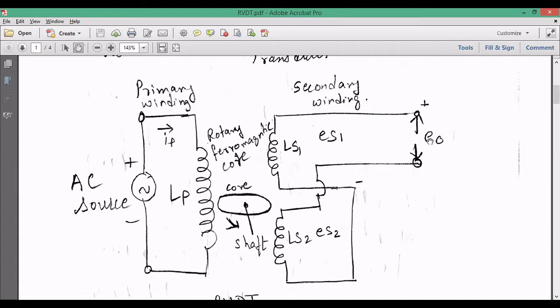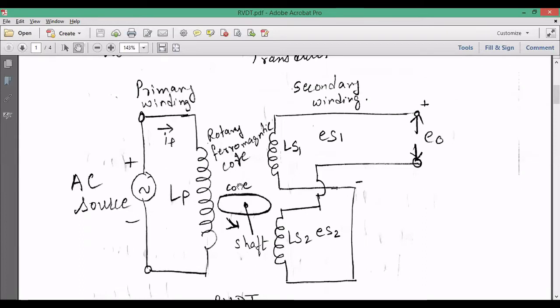This clockwise angular displacement I am able to convert into differential EMF, a differential voltage, which is the definition of the transducer. A transducer is able to convert one form of energy into another form. Here one form is angular.